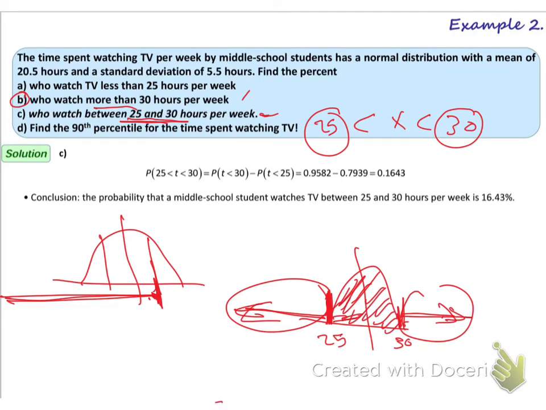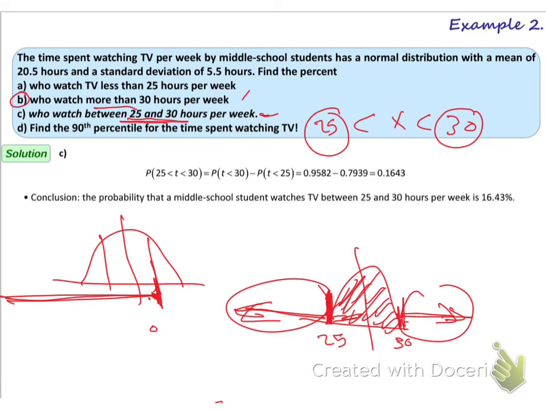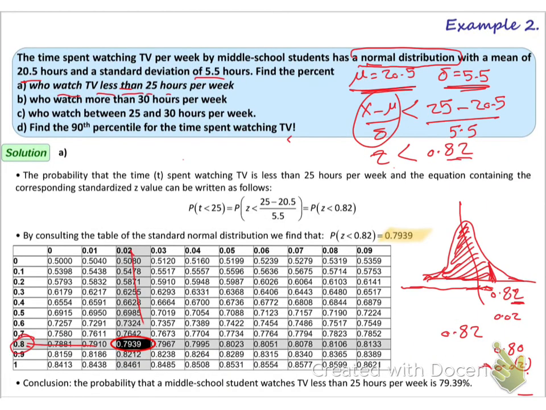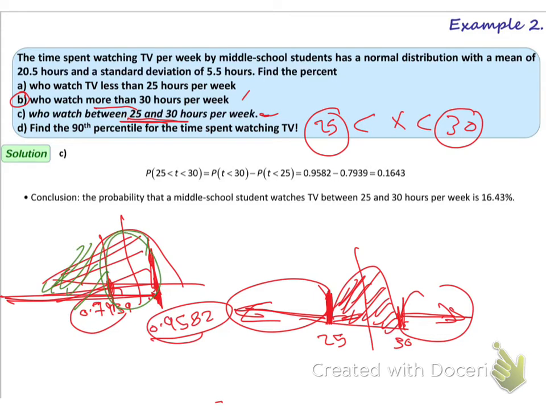So here we have the answer, which is 0.9582, and the previous one, from the table in A, was 0.7939. So we can subtract them, this minus this, and we get the area in the middle.